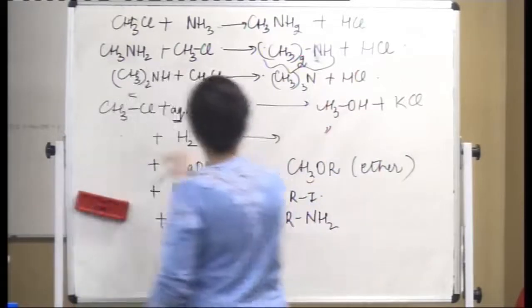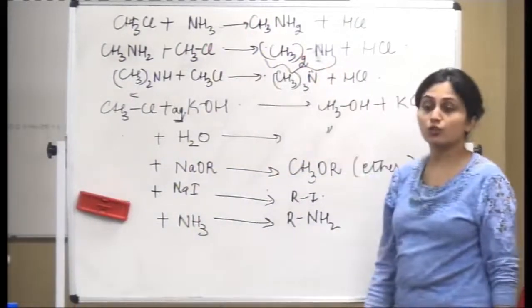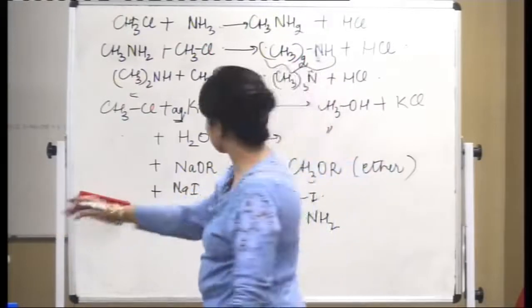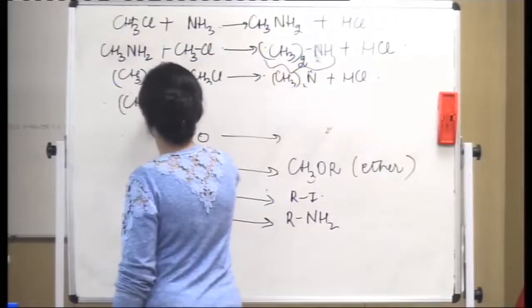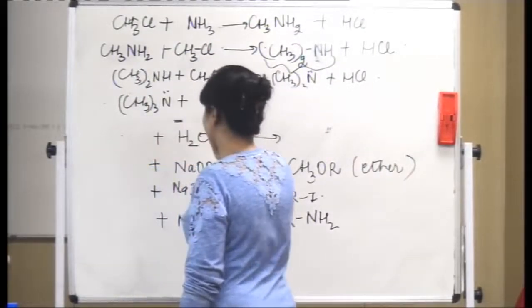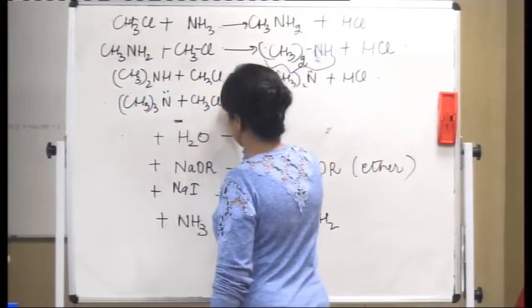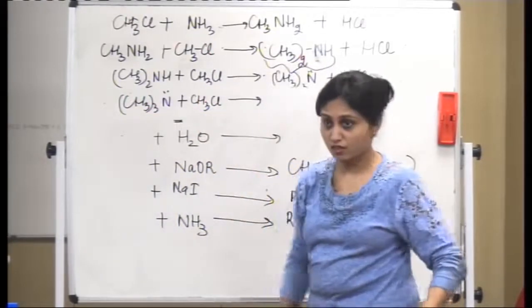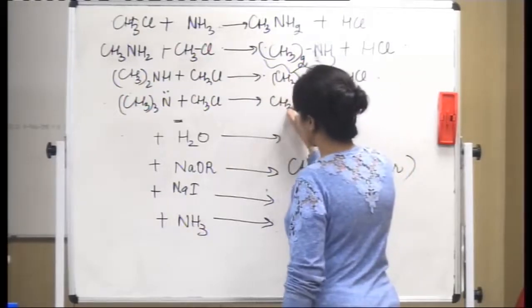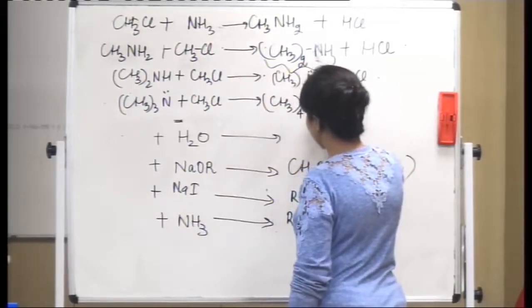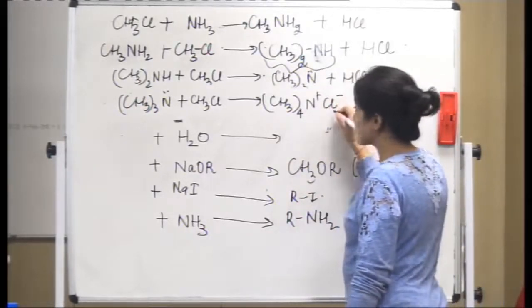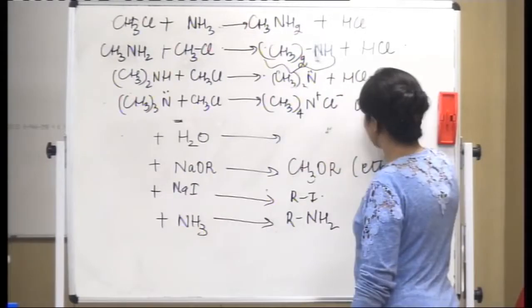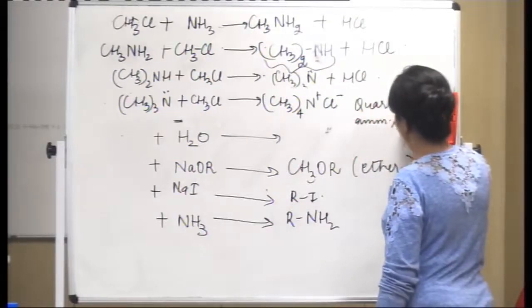Still, because nitrogen has a lone pair on top of it, it can form additional coordinate covalent bonds. You remember? So in this case, this CH3 whole thrice N can still react with CH3Cl, accept and extend the bond pair, form a coordinate bond to form CH3 four times N plus, because nitrogen will now get a positive charge, and Cl minus. This is the quaternary ammonium salt.